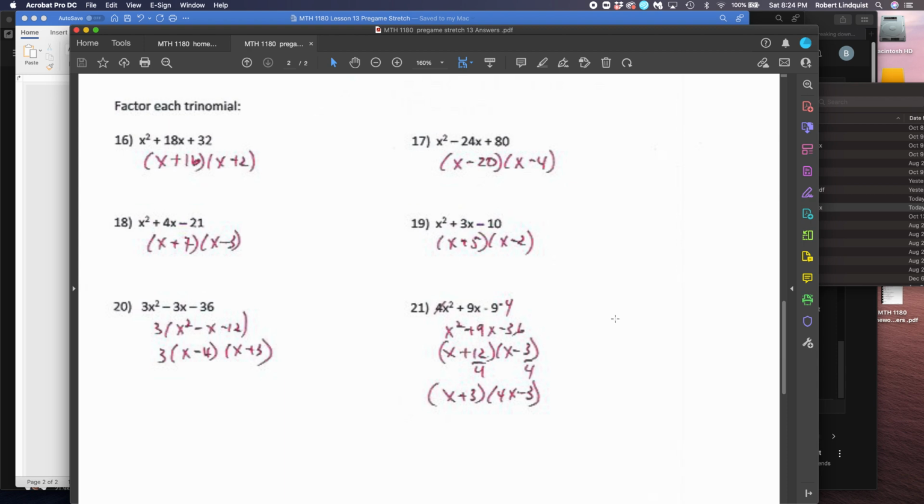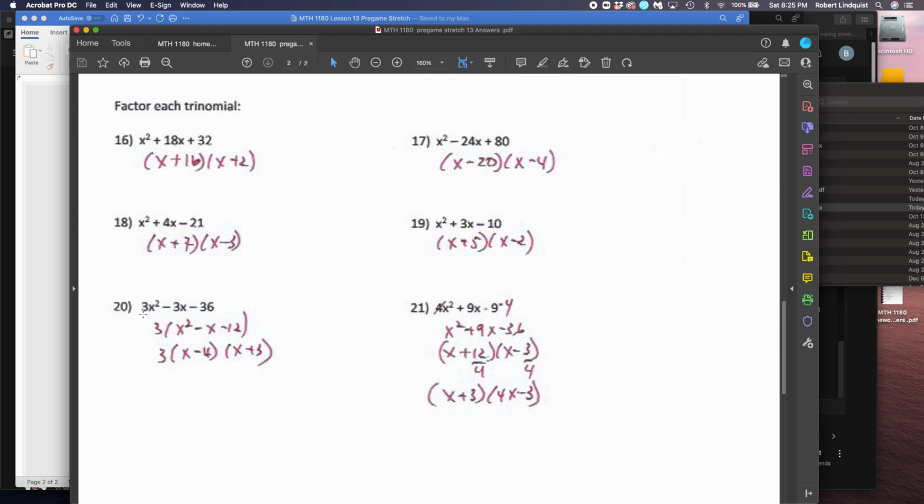Okay, so on number 19, you'll notice the lead coefficient is 1, so we just fall right into the routine of AM, or graphing calculator, y sub 1 is -10 divided by x, y sub 2 is the same thing inside parentheses plus x, looking in the last column for a 3, and we'll notice the previous columns are 5 and -2 in either order.